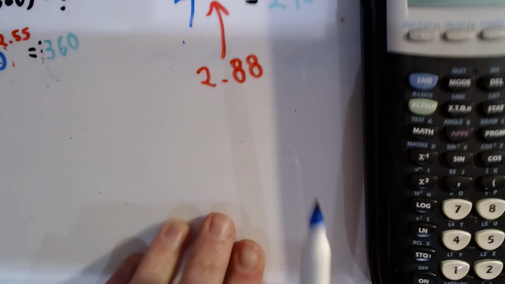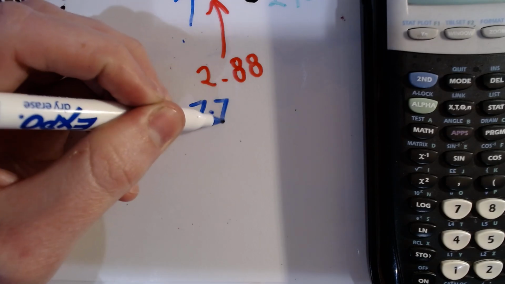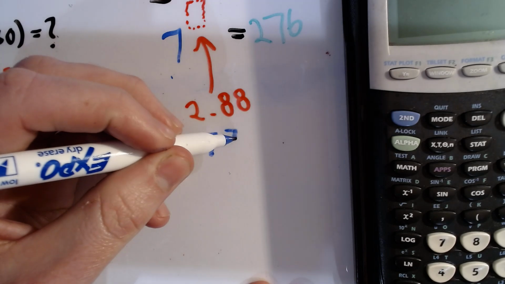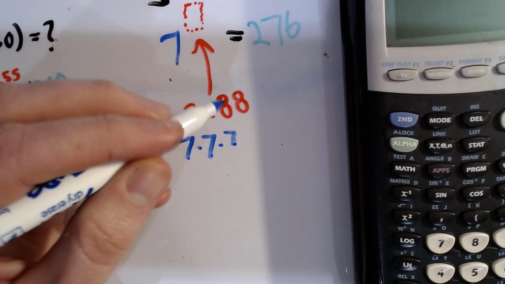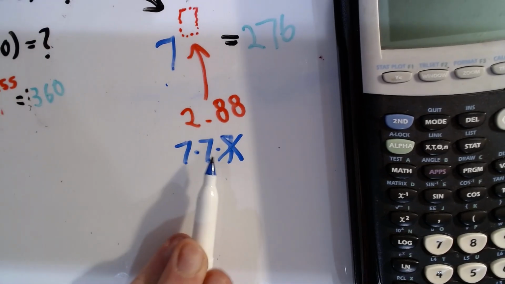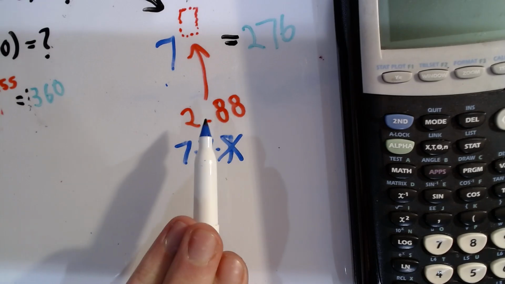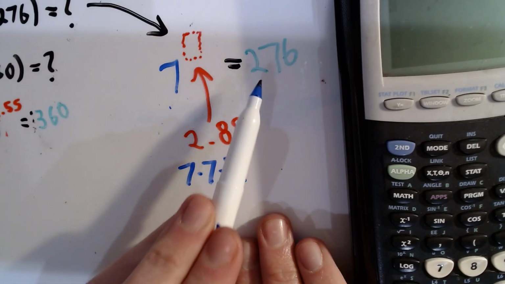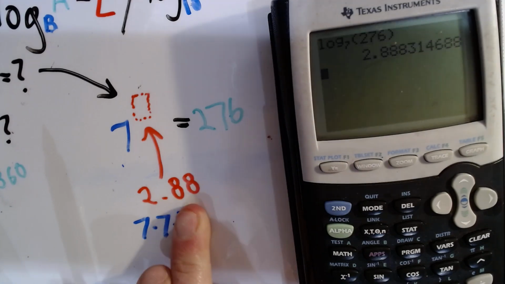In plain language, have 7 times 7 times almost a third 7, not quite, but 2.88 instances, less than 3 instances. It wasn't quite 3 instances of 7 to get to 276, but it's a discrete number in between the two whole numbers. 2.88 sevens multiplied together equals 276.